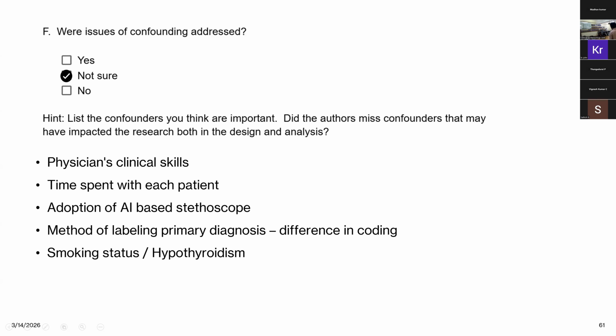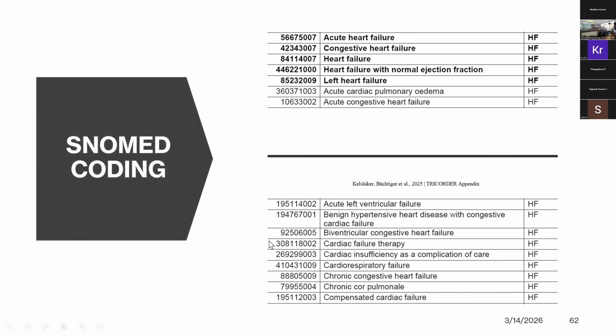So there are numerous different terms for heart failure. So whether that would have resulted in some patients getting missed is not sure. Some factors which they did not adjust for included smoking status, and for atrial fibrillation, factors like hypothyroidism. So this is an example of SNOMED coding that they accepted as a diagnosis of heart failure, which included acute heart failure, congestive heart failure, etc.